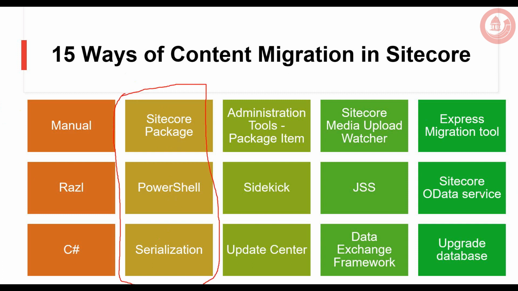Apart from that, we can also consider the upgrade database, and the Express migration tool is also one of my favorites, where I have to just migrate the content from an older version of Sitecore, and if the images are there, then yeah, I'm using it. So these are a few of the ways that are my favorite, but it ultimately depends on the scenario or the use case.